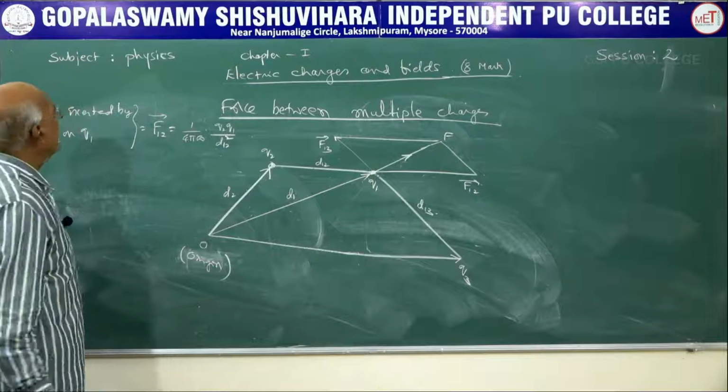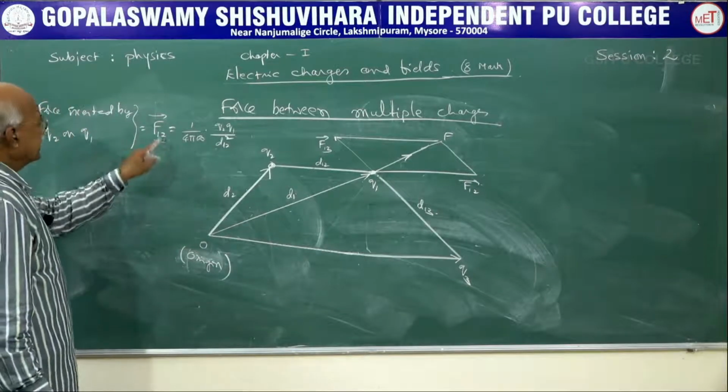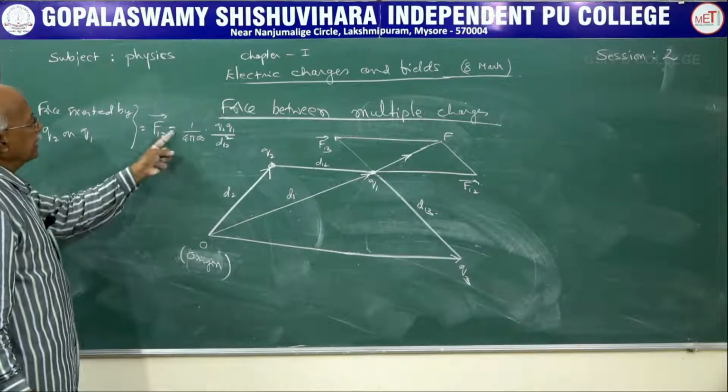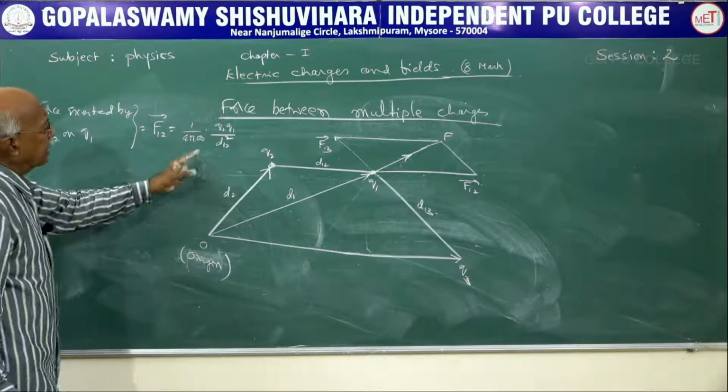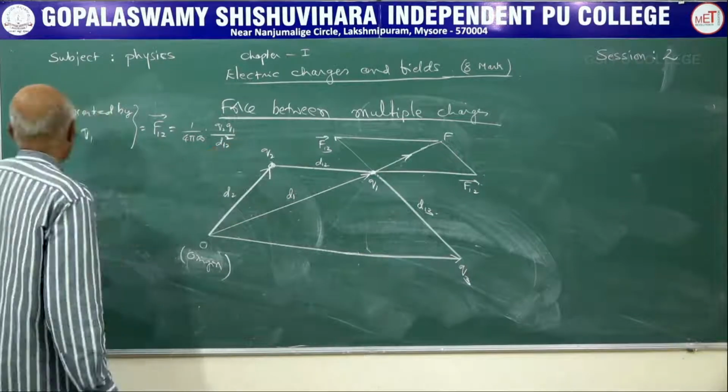So this is the force available. Force exerted by Q2 on Q1 is F12 equal to 1 over 4 pi epsilon naught Q2 Q1 divided by D12 squared.